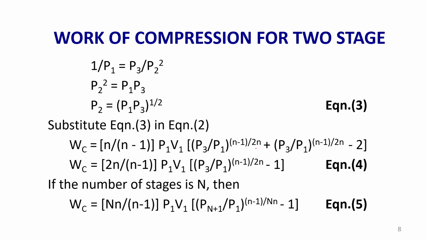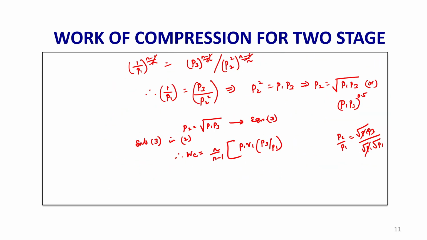How does it become 2n? The square root is written as raising to the power of 1 by 2, and we already have n minus 1 by n, so n minus 1 by n into 1 by 2 in the power gives n minus 1 by 2n. This is for the square root term, into P3 by P1 to the power of n minus 1 by 2n.